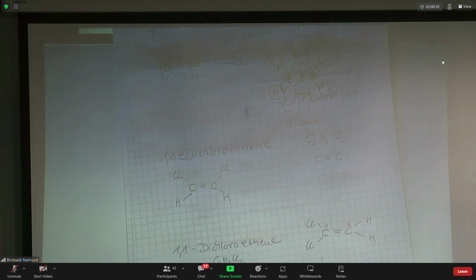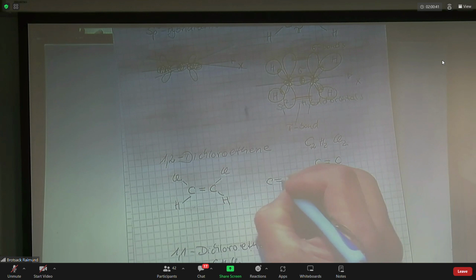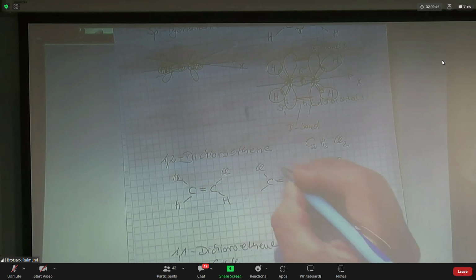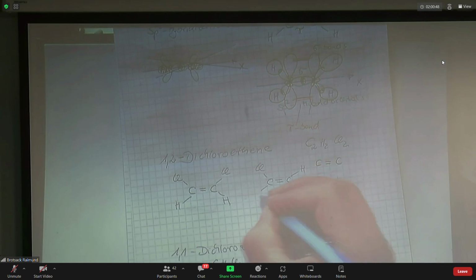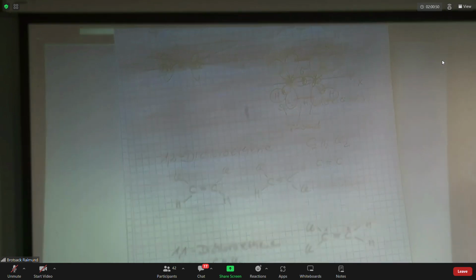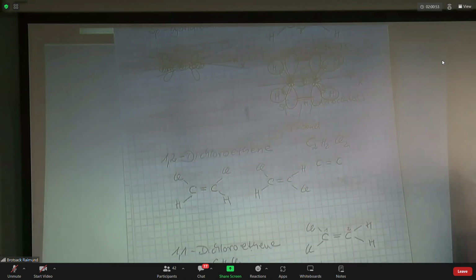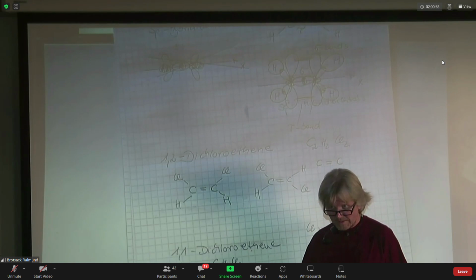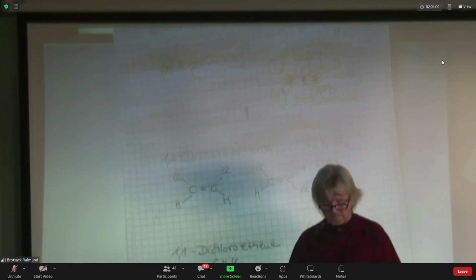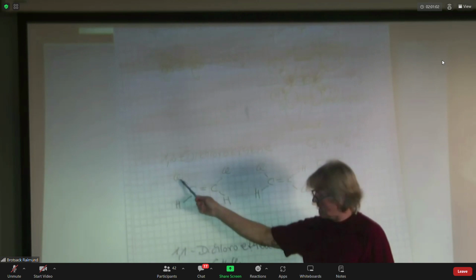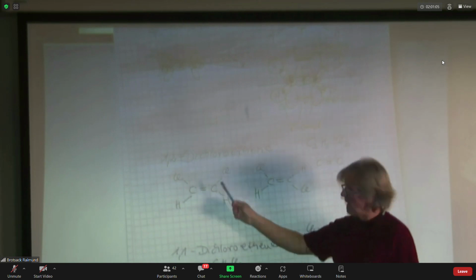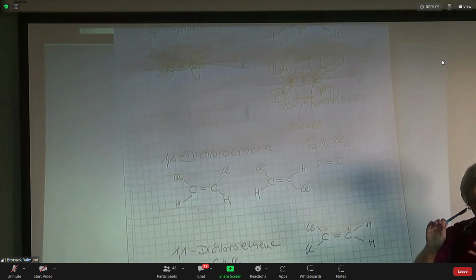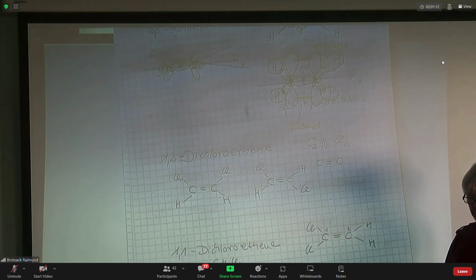And the other one is we have the Cl here and the Cl here. This is a difference. Why is it a difference? We are not allowed to rotate. So here they are on the same side, and here they are on the opposite side. We are not allowed to rotate. So these are two different molecules.